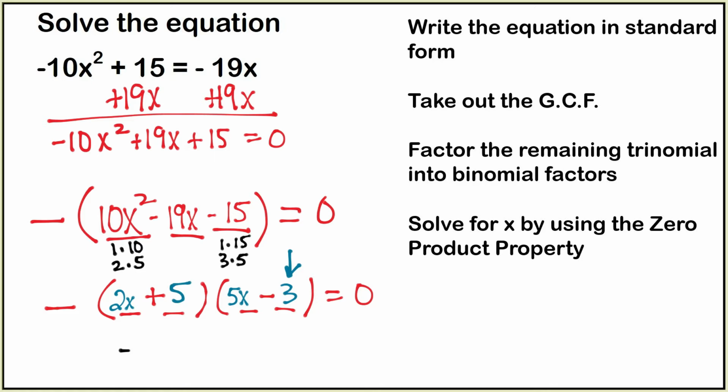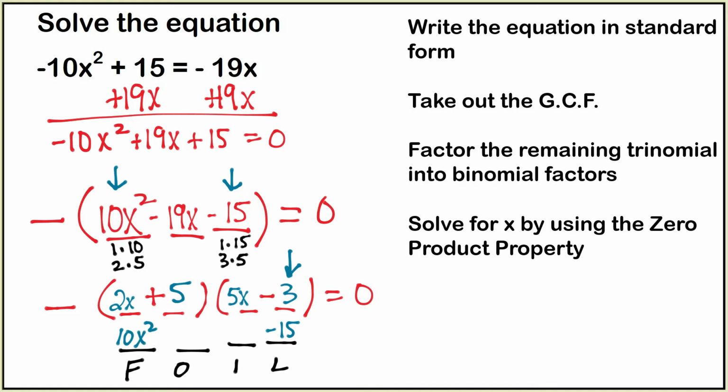So I've got FOIL, and my firsts come out to 10x squared. My lasts come out to negative 15. So those both match what I want to get from my trinomial. Now I need to see if my inners and outers are going to add up to negative 19.